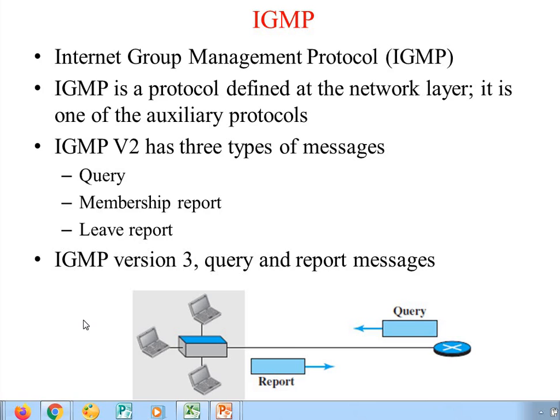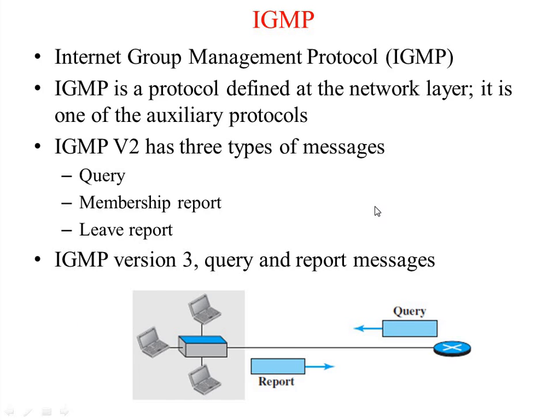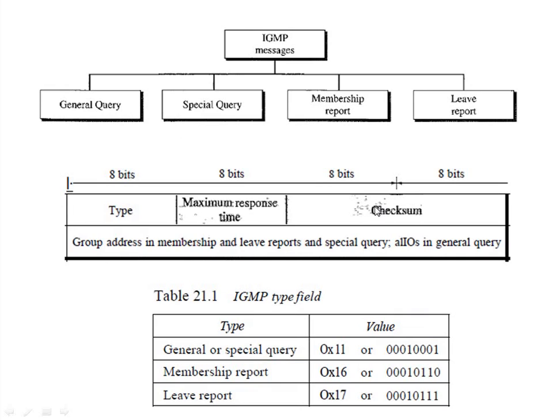Now let us try to understand what it does. We will discuss IGMP version 2 in detail. There are two queries: one is a general query and the other is a specialized query. The specialized query is again divided into two parts in version 3.